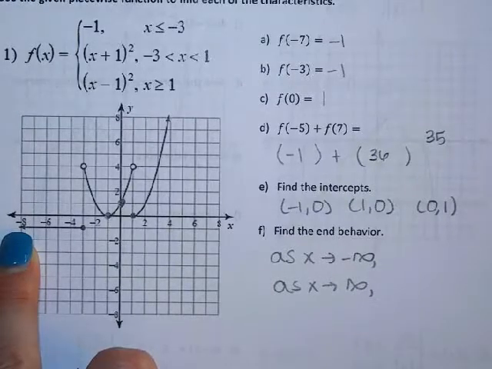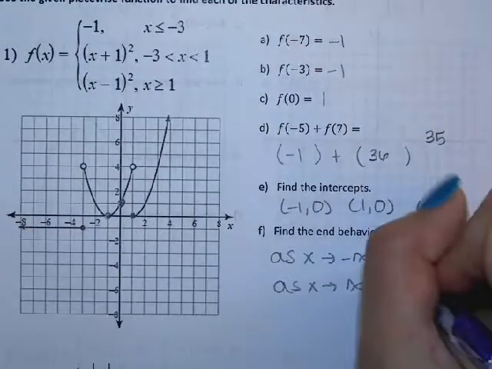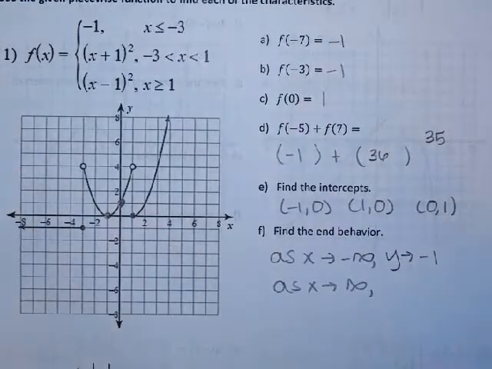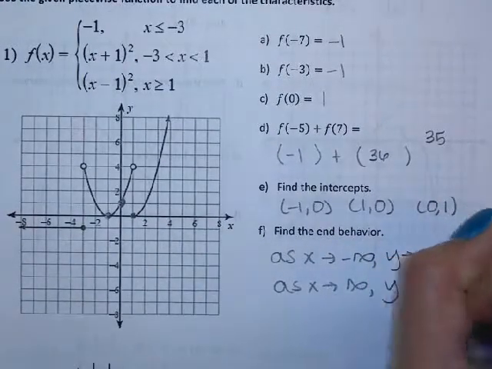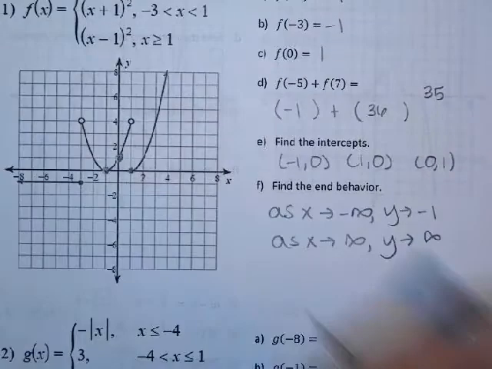So the one last night was 0, but this time it's -1. So it doesn't go up, it doesn't go down, it stays at that number. So as we look to the left, y always goes to -1, it doesn't change. As we look to the right, what is y doing? Goes up.